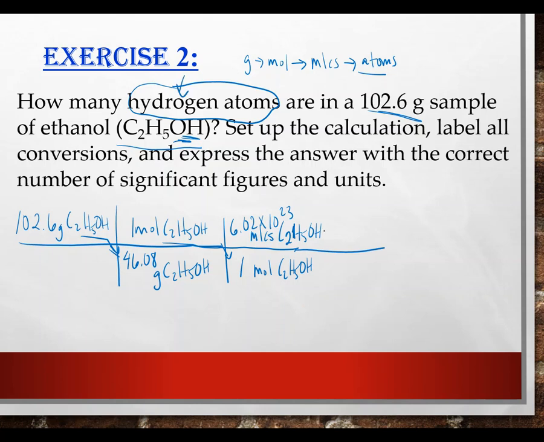We actually want the hydrogen atoms in ethanol. So we're going to take this molecule now and diagonal that down. So 1 molecule of ethanol is equivalent to 6 hydrogen atoms. Now that we have it all set up, we can work on multiplying, dividing, and canceling.